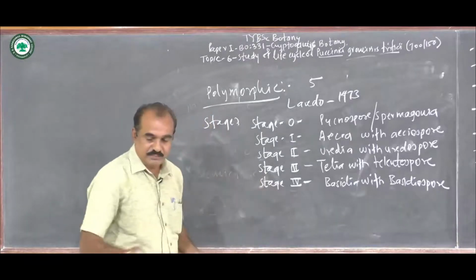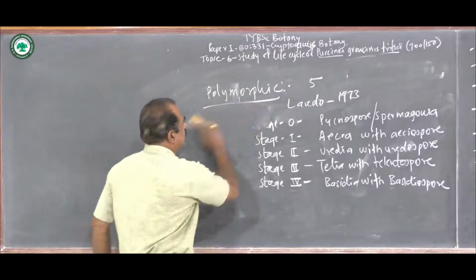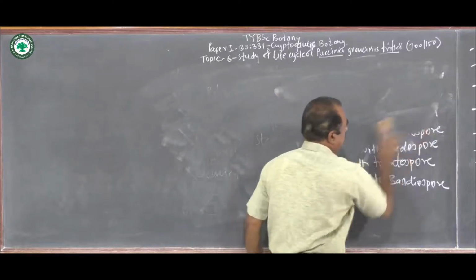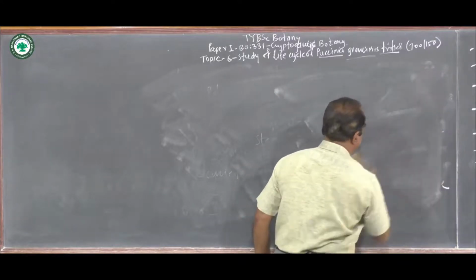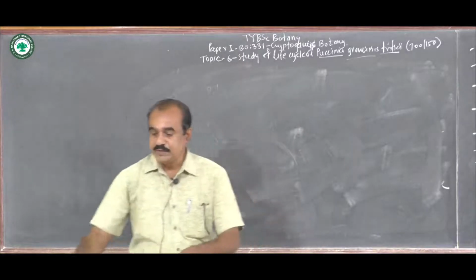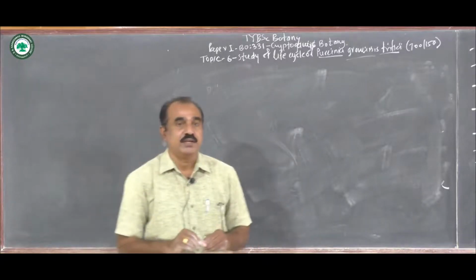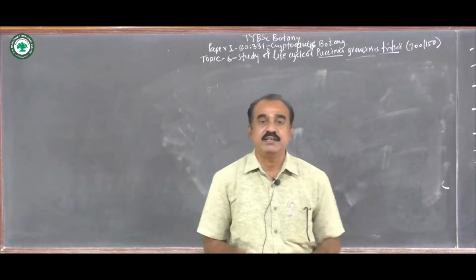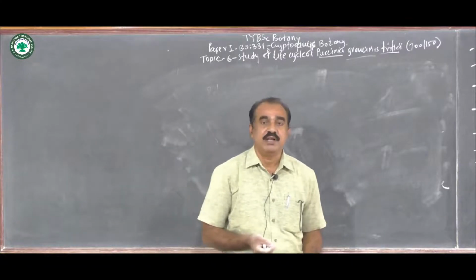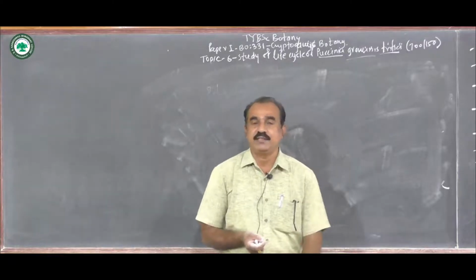Now about the mycelium. The life cycle of Puccinia graminis tritici shows 2 different types of mycelial stages. That is the dikaryophase, the dikaryotic mycelium, and the haplophase, the monokaryotic mycelium.